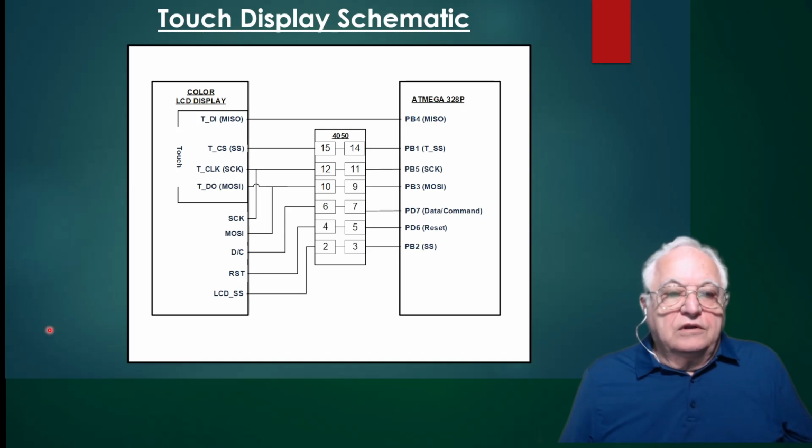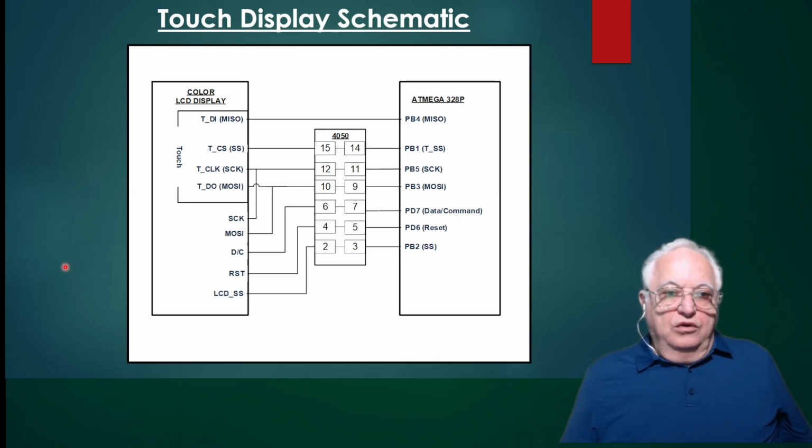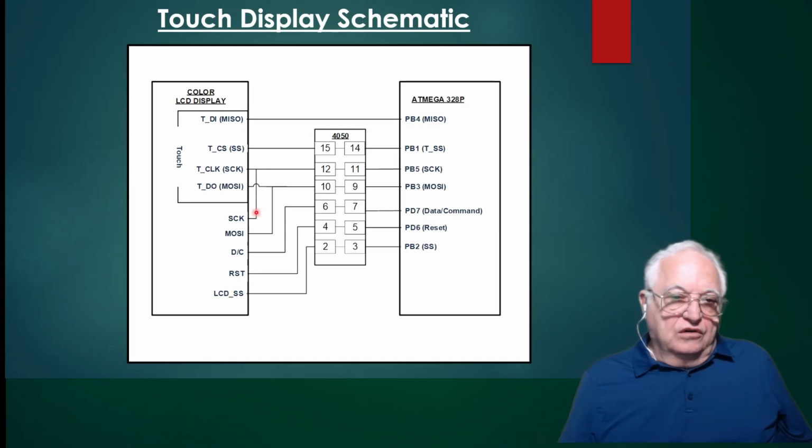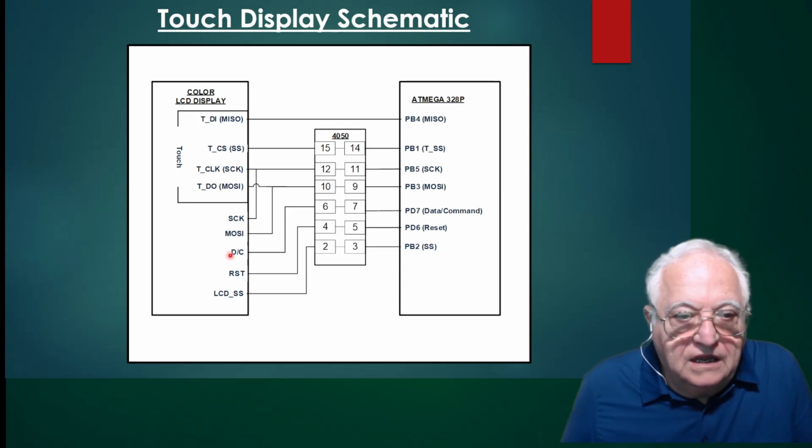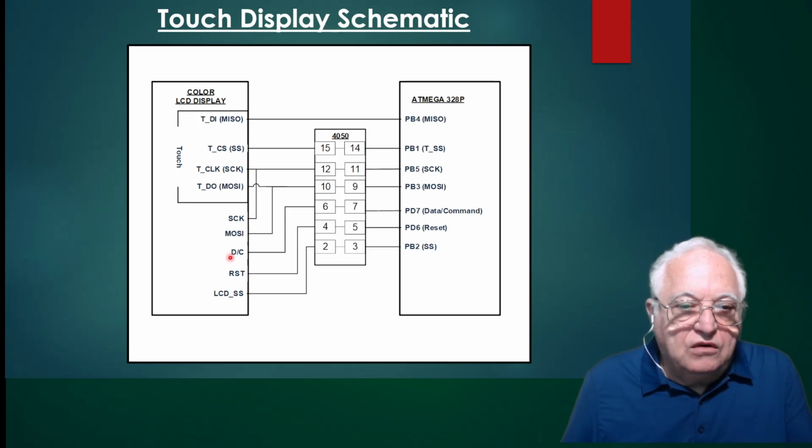So this shows you how we're going to hook up the display to the controller. This is the display portion, which we are going to need the clock, the MOSI. Then on the display, of course, we have to decide whether we're going to send a data or command.